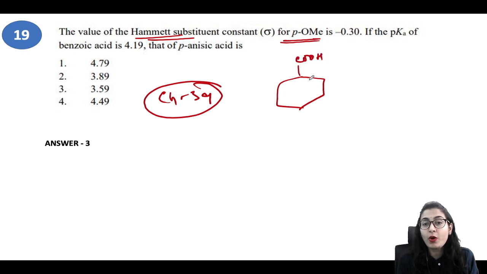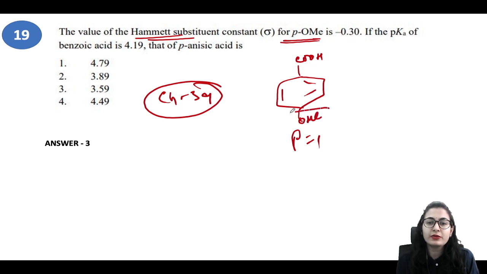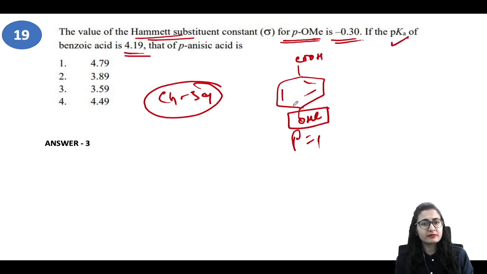Alright, so you know already that for benzoic acid, the constant is taken as 1. That is the standard value. Okay. But what will it be for the para-methoxy? Minus 0.30. So if the pKa of benzoic acid is this much, that of para-anisic acid is. Now you don't have to do the mathematical calculation over here.